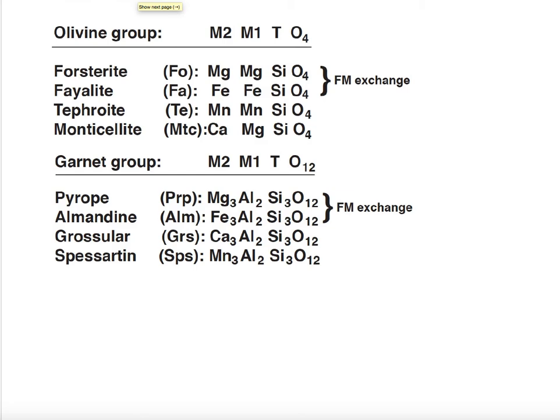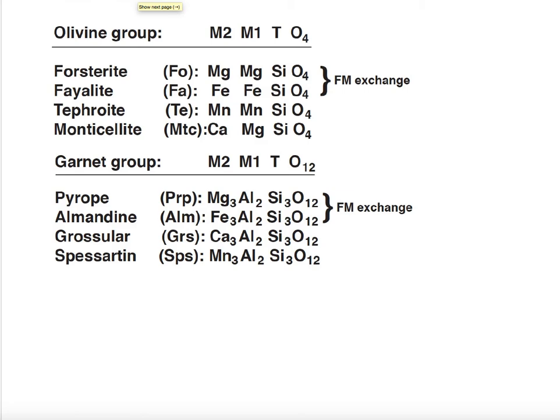Then we have the next olivine end member, that is the fayalite, and that is the iron bearing olivine, which has the mineral chemical formula Fe2SiO4.